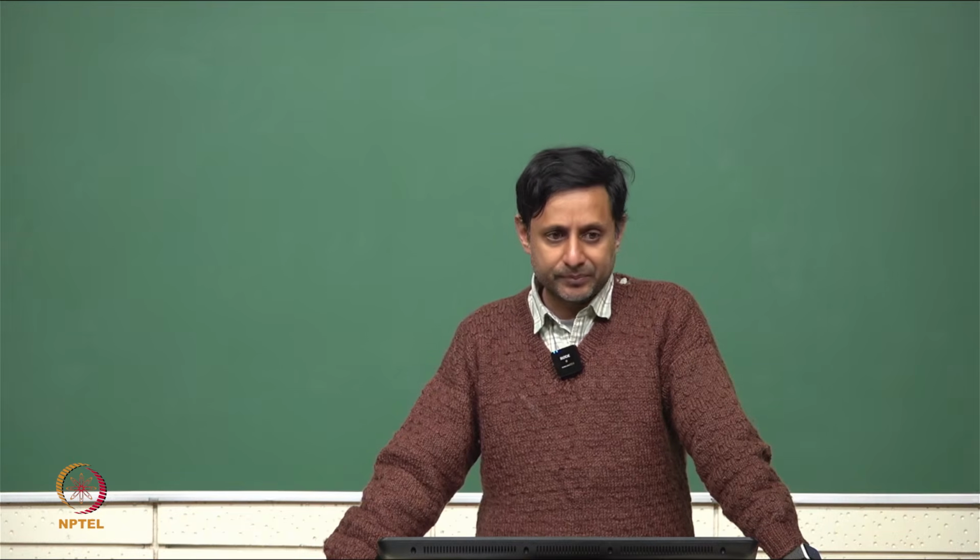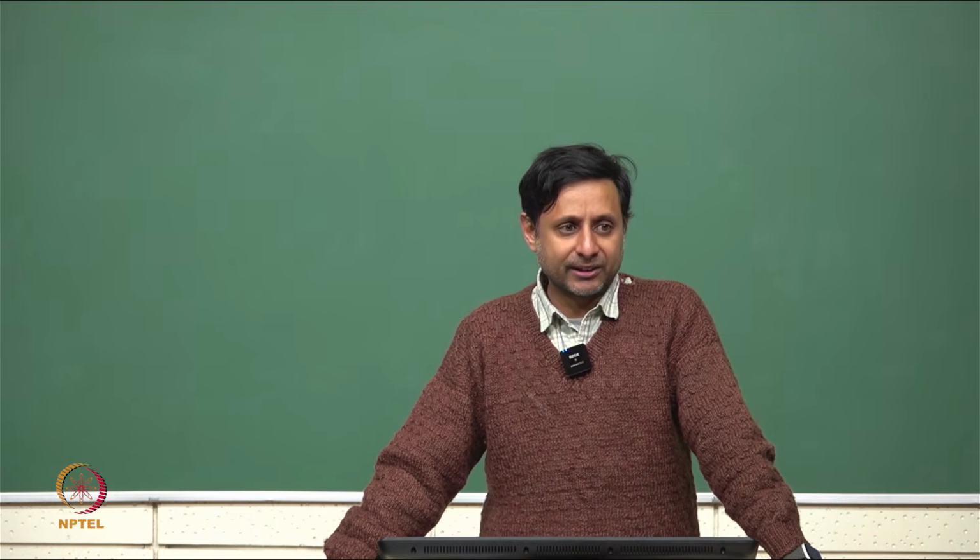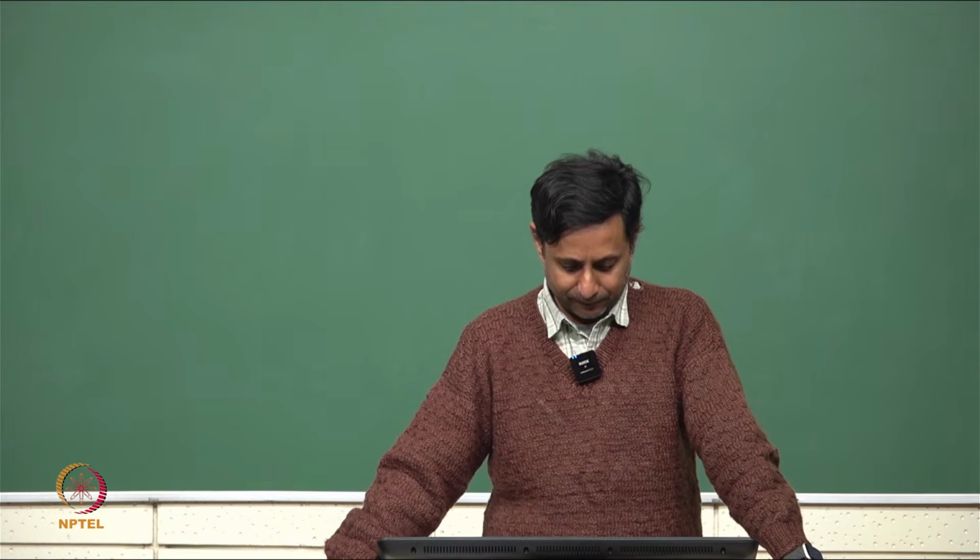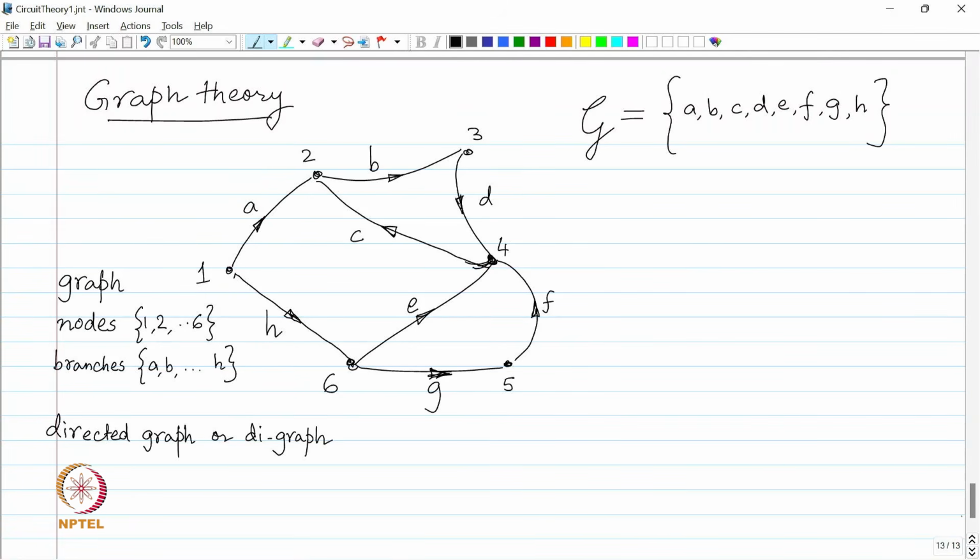All right. Now, a graph could be connected or it could be disjoint. For example, if I remove H, C, if I cut H, C and D, suppose I cut these with scissors, right, what is going to happen?